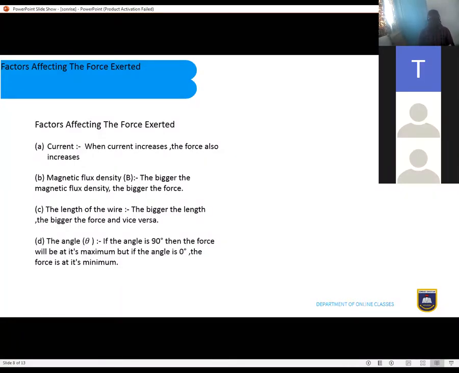If you have a conductor and you pass current through a conducting wire, let's say you wind a wire around this conductor, a nail or an iron, and you pass current through it, what's going to happen?